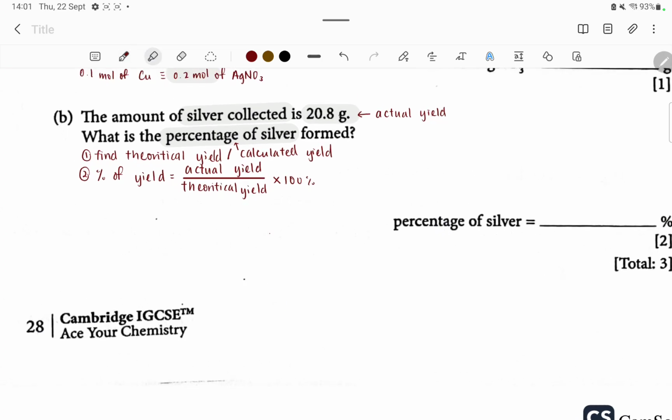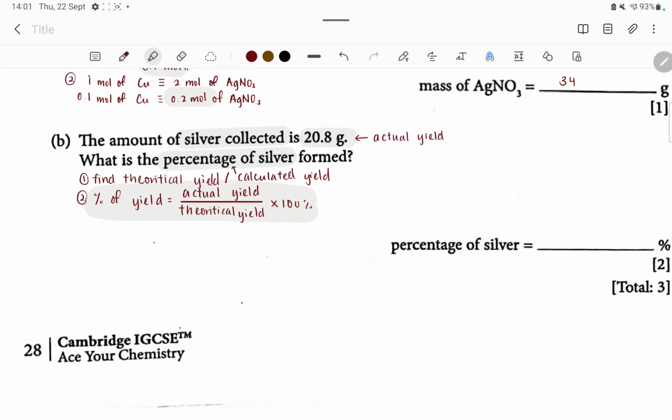This is the formula. Okay, so first things first, find the theoretical or calculated yield first.